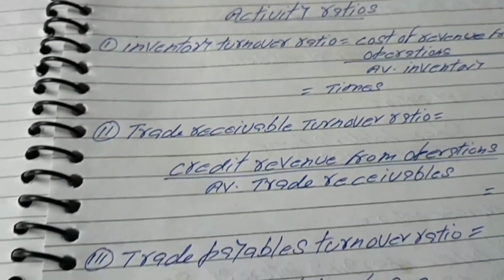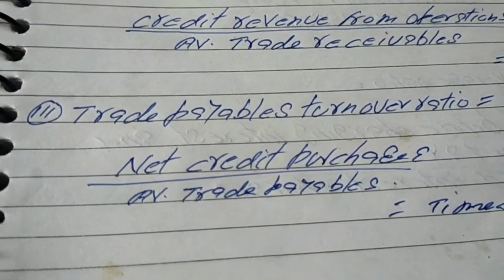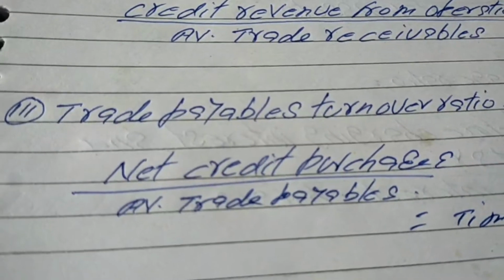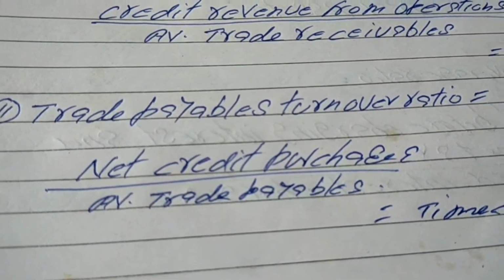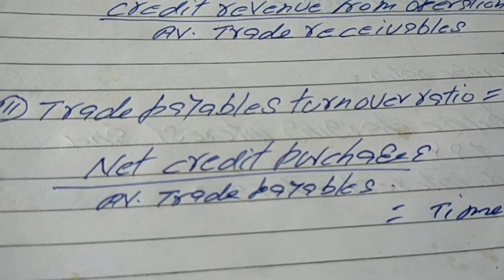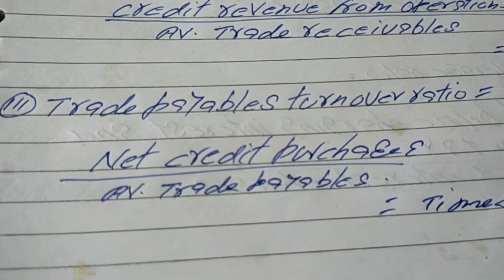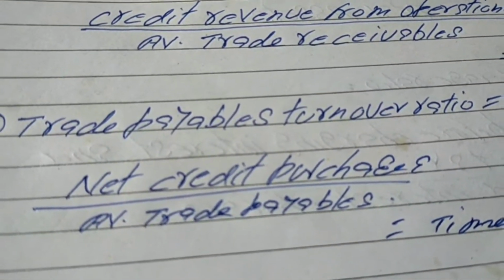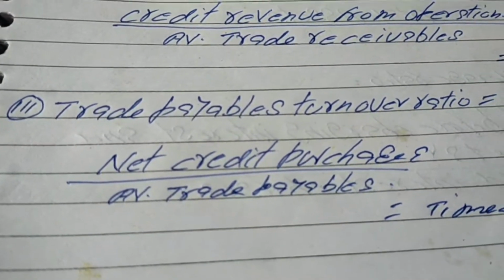Now the next point is your trade payable turnover ratio. Trade payable turnover ratio is equal to net credit purchases upon average trade payable. Trade payable is the combination of creditors and BP. Creditors are those persons to whom we have to pay the amount in future on account of credit purchases. How will you take out the credit purchases?